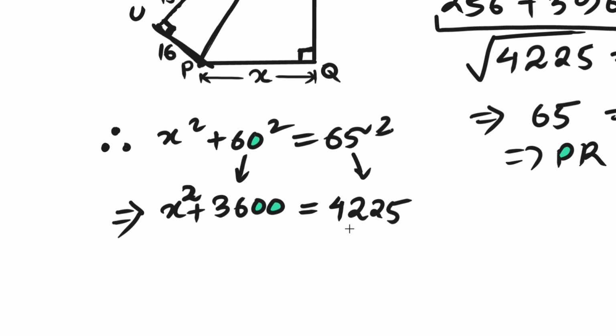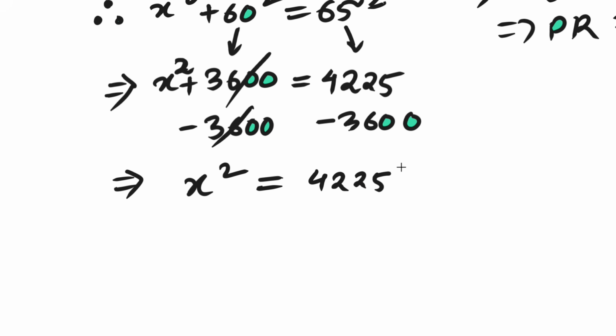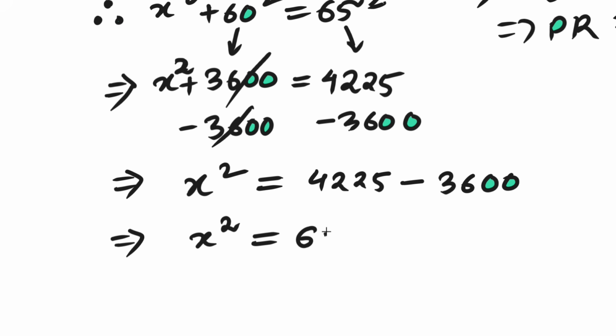Now, the reason we can do this next move is that we want to isolate x squared all by itself. So we subtract 3,600 from both sides of the equation, and that gives us x squared equals 4,225 minus 3,600. And when you carry out that subtraction, you get x squared equals 625.